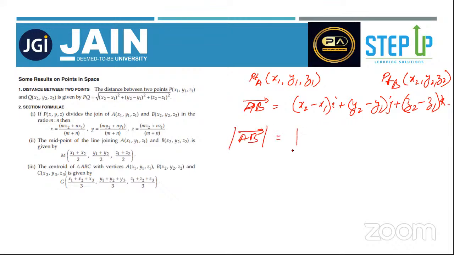What is the mod of the AB vector? Root under x2 minus x1 whole square plus y2 minus y1 whole square, plus z2 minus z1 whole square.